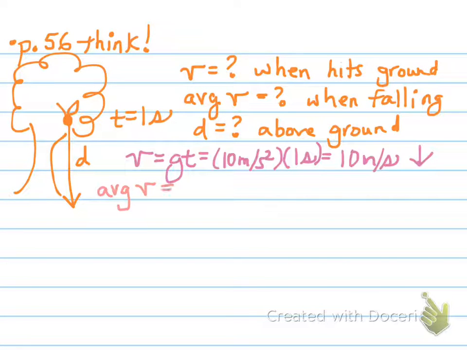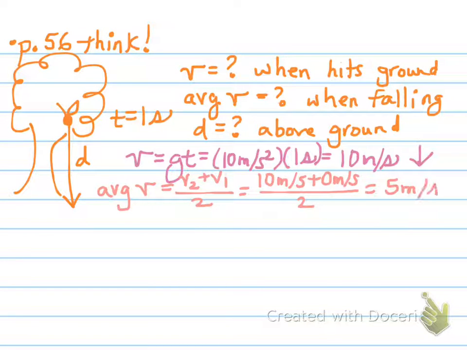And remember, to do that, we're going to take our final speed and our initial speed, divide by 2. So we know that our final speed was 10 meters per second. Our initial speed was 0 meters per second because it wasn't moving, divided by 2. 10 plus 0 is 10 divided by 2 is 5 meters per second. And again, it still would have been downward.